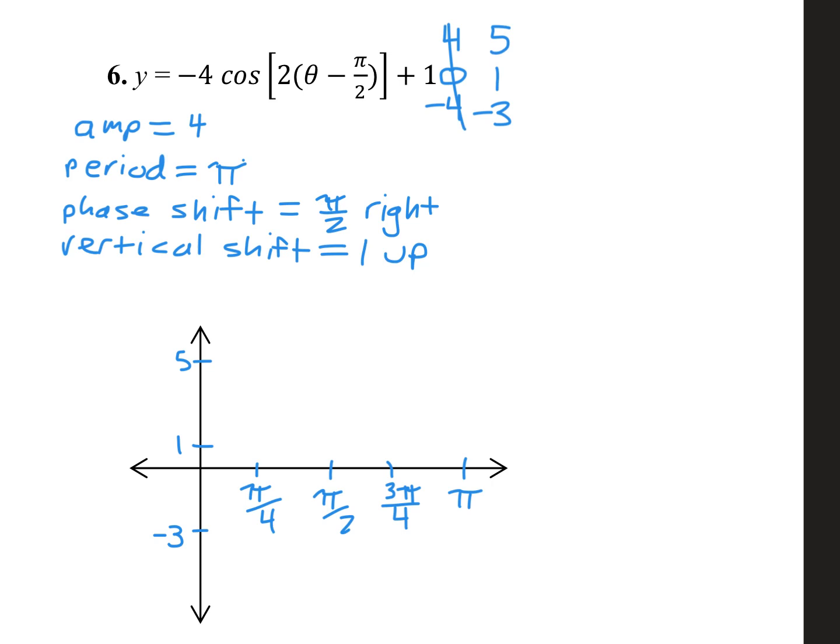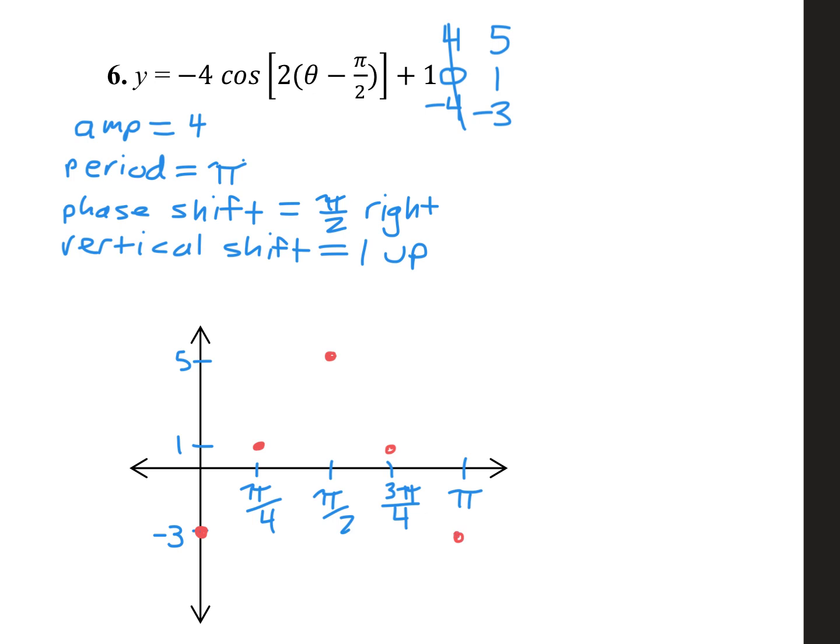All right, so cosine likes to start on the top floor, but it's opposite day because there's a negative in front of the 4. So again, cosine likes to start on the top floor, but on opposite day, they start on the bottom floor. Then they go to the middle level, and then the top level, then back to the middle, and then to the bottom level.